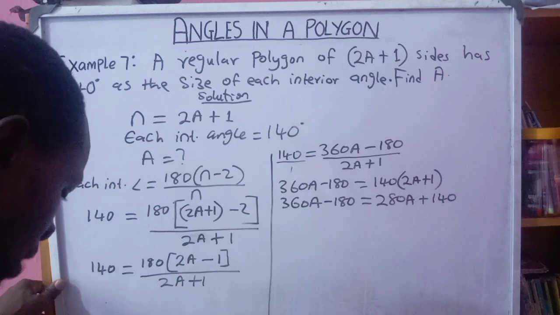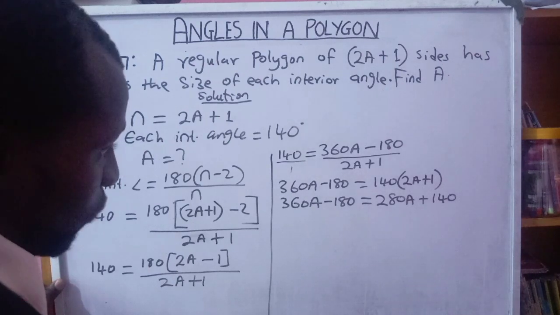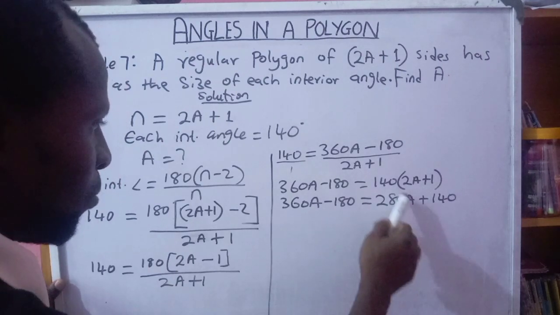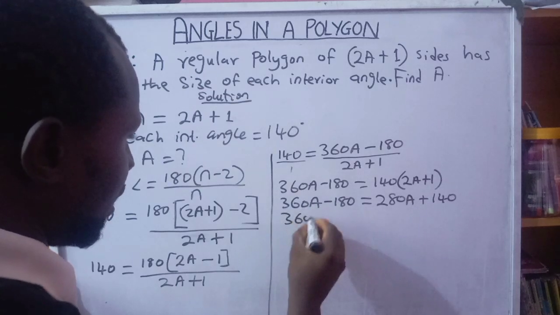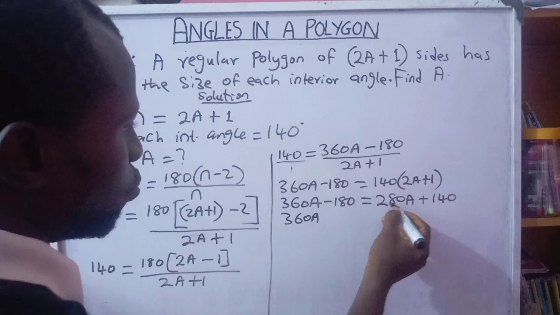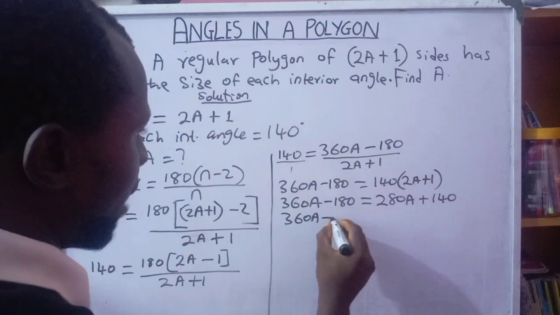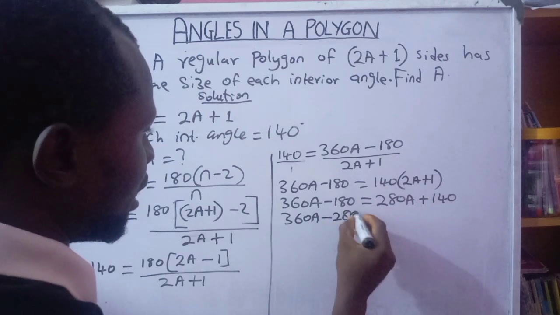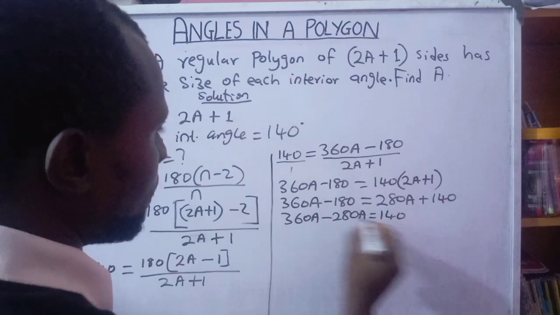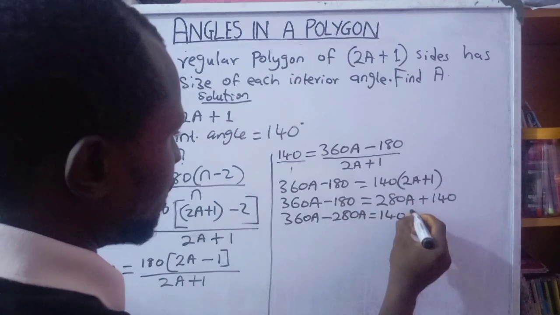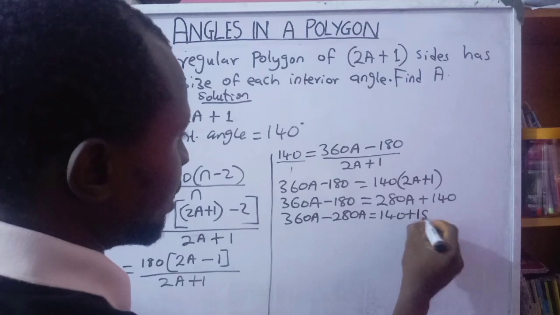All right, so what do we do next? Then we have to now collect like terms. So this one has to come over here. We now have it as 360a, then 280a coming over here becomes minus 280a equal to, you already have 140 here, then minus 180 coming over here becomes plus 180.